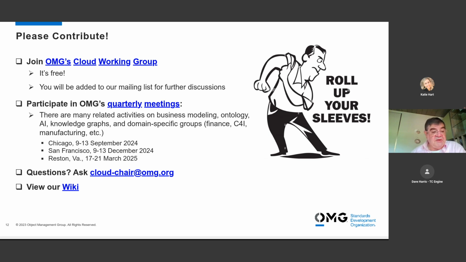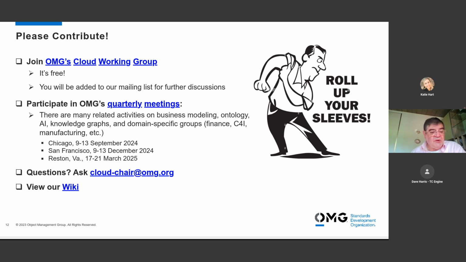We have 3 meetings that are now planned already. Early September in Chicago, early December in San Francisco, and early March in Western Virginia, which is outside of Washington, D.C. We have a collective address for the 3 co-chairs. The one who's not here today is Lisa Schenkowitz from IBM.